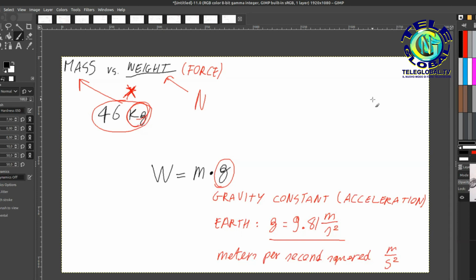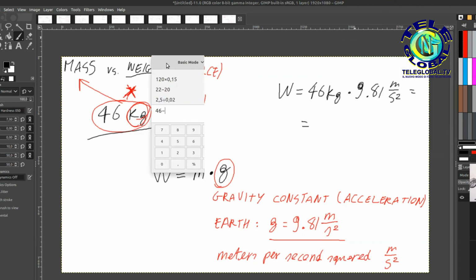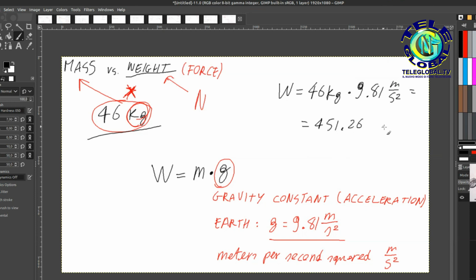Okay, that's it. So, for example, Fatima's mass is 46 kilograms. Her weight on Earth would be 46 kilograms multiplied by 9.81 meters over second squared, which will be 451.26.